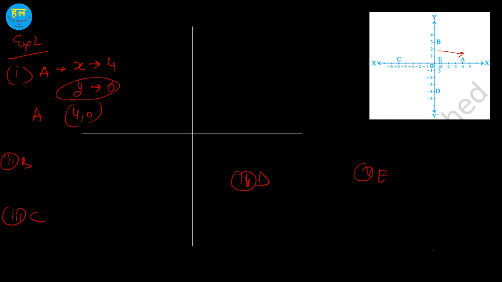Okay. For B, we can see that it is on the origin line of the y-axis. So x here is 0, and it is above the origin, at 3.